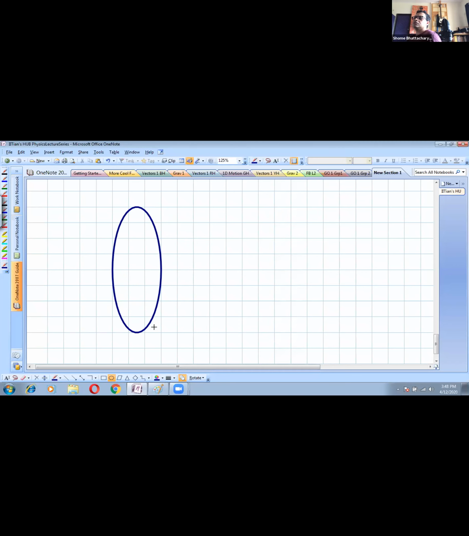If this is the disk seen from one side, imagine it's something like this. I'm really going to struggle with this drawing, but bear with me.